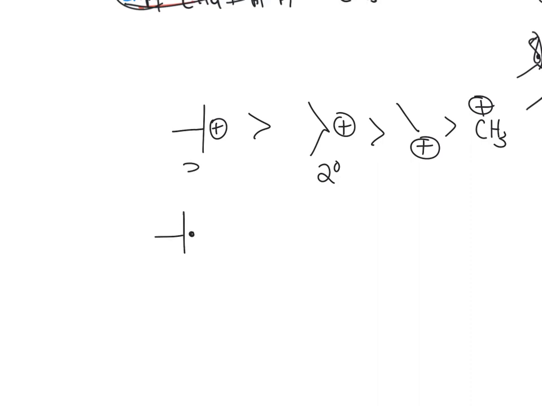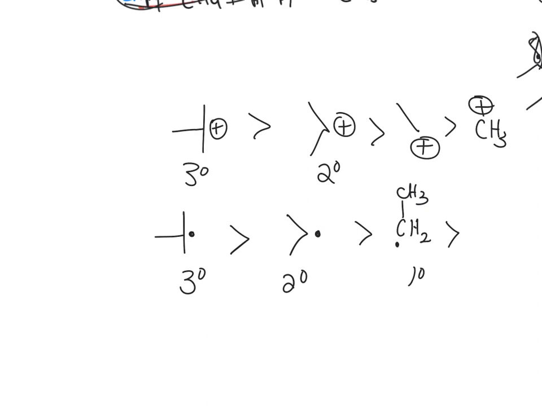So a tertiary free radical is going to form over a secondary, over a primary, over a methyl. This is a methyl, there's no halogens there. But I want you also to go ahead and include a benzylic. So that's a benzylic radical.